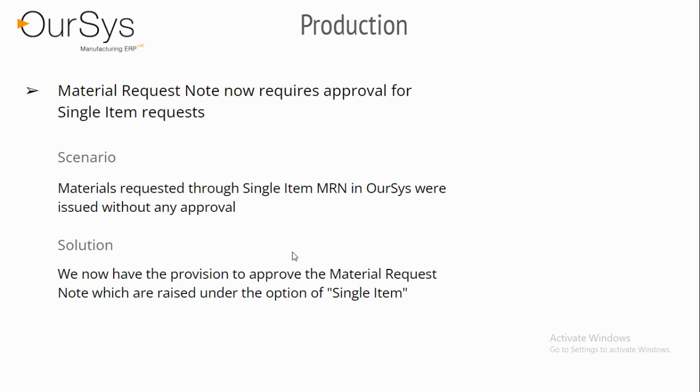The request has to go through a particular user, management, or the head of the department. So we have now introduced an approval level in the single item request. It is setting based, so if you require this setting, you can raise a service request and let us know.